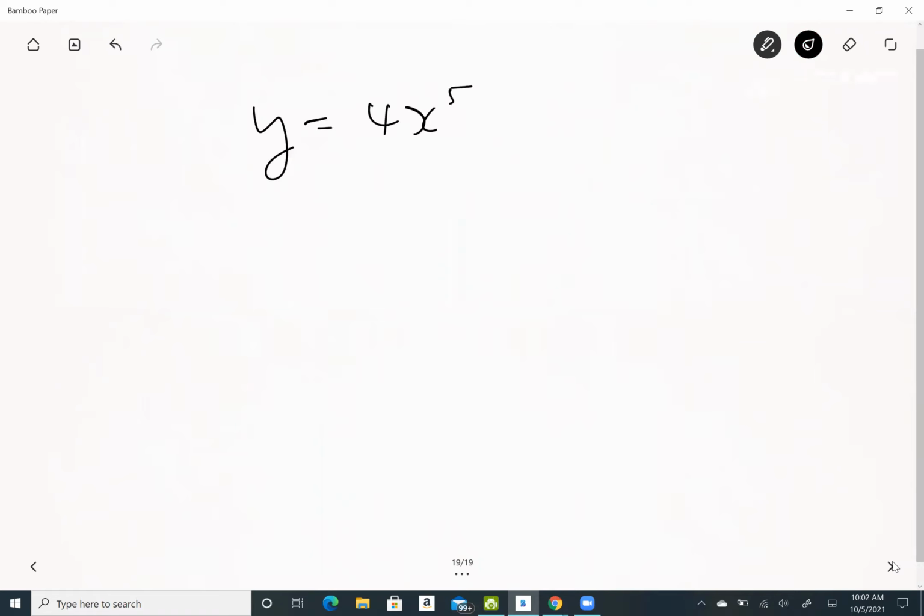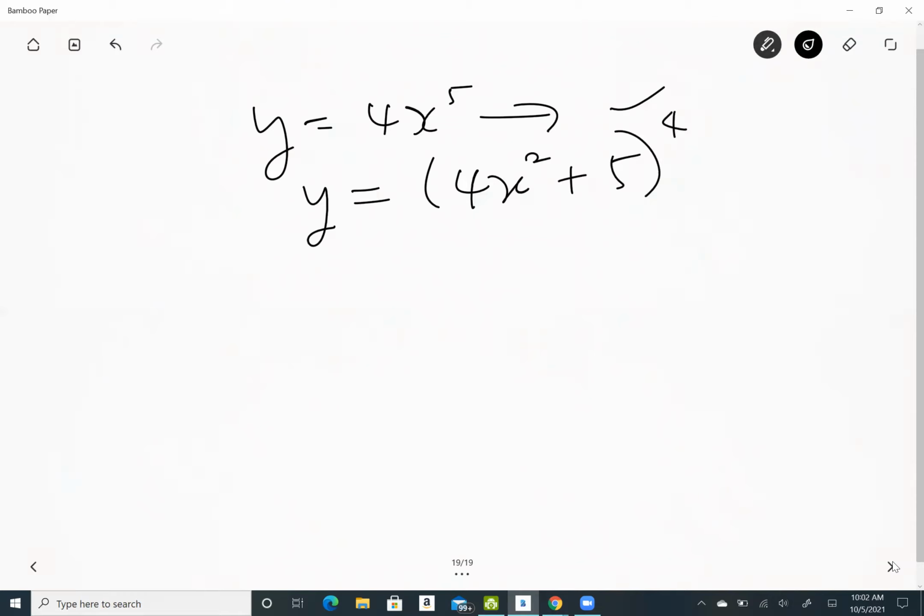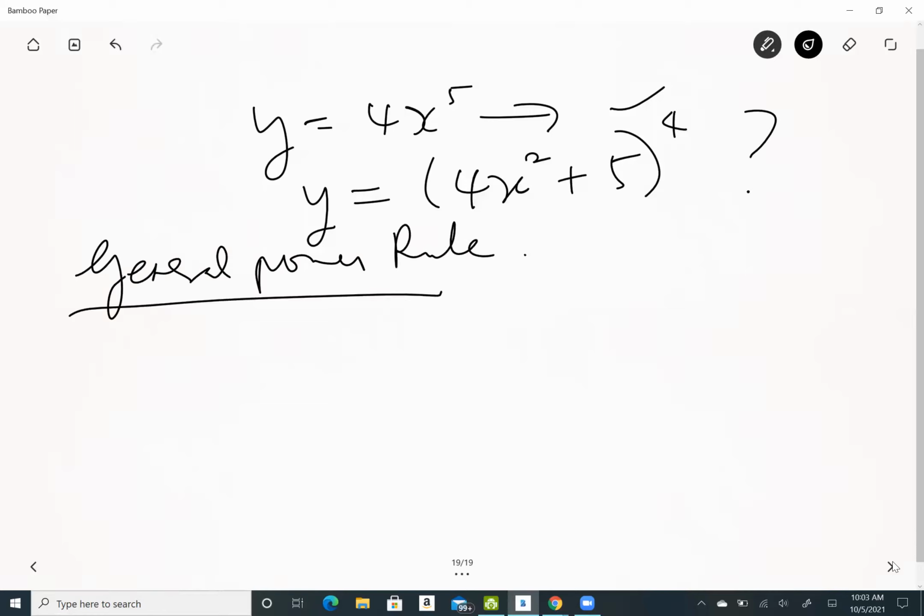Okay, we know how to do this. But here, you got y equal to, say, 4x squared plus 5, everything to the power of 4. So now, how do you integrate? So what we need is the general power rule, just like the general power rule for the derivative. So this is the rule.